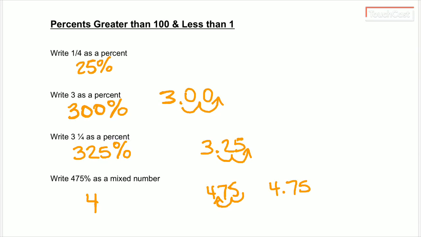And really, we just need to focus on making the 0.75 into a fraction. So the 5 is in the hundredths place, so we can start off our fraction as 75 over 100. And after we simplify, that becomes 3/4. So our final answer, our mixed number, is 4 and 3/4.